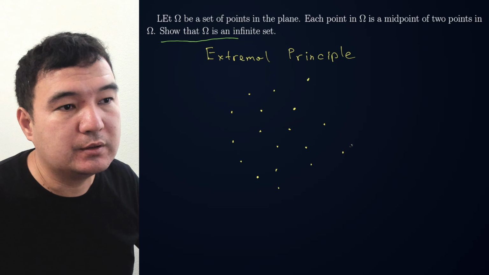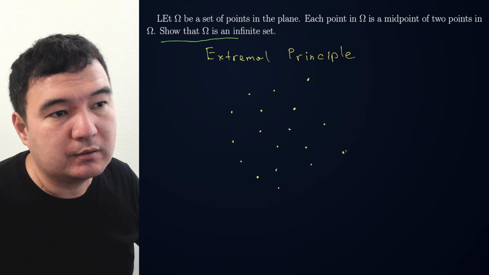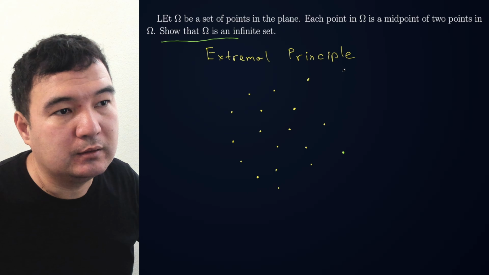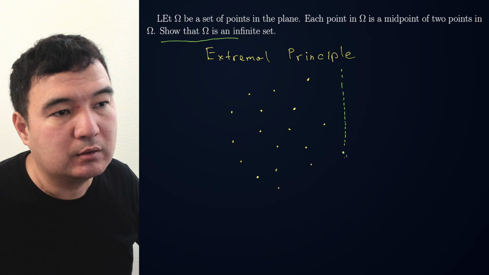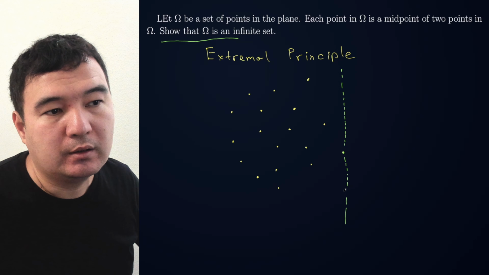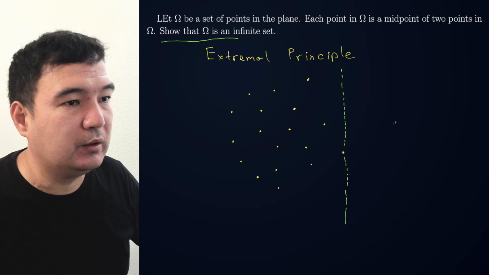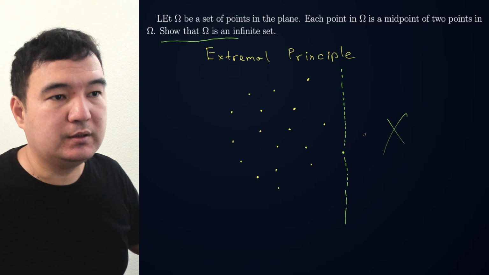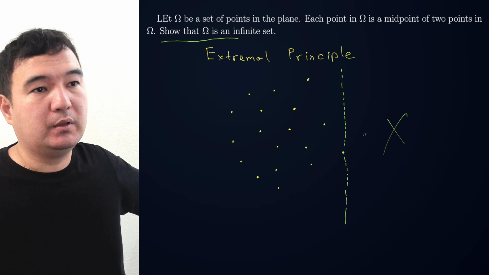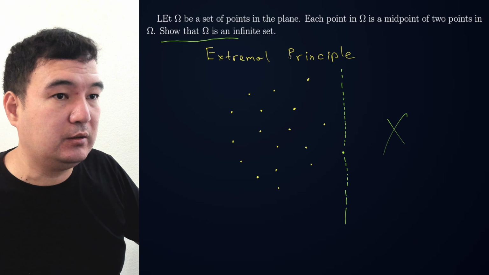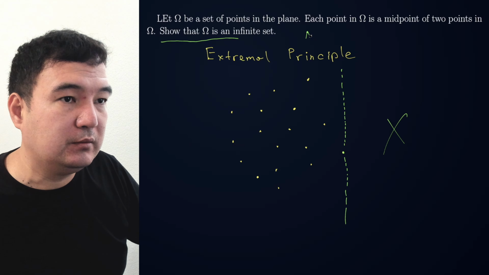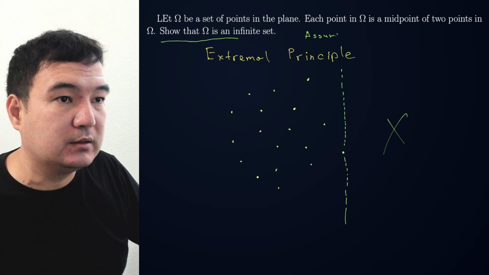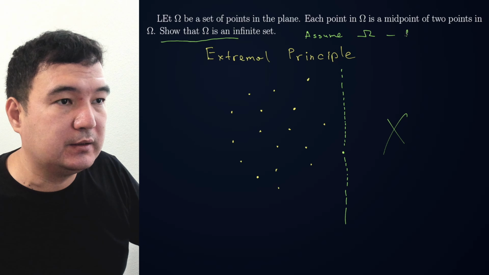So you can choose an element, for example this one, and imagine that there are no points past this point, so we have no points here. So this is the rightmost element of the set. With the assumption that omega is a finite set.